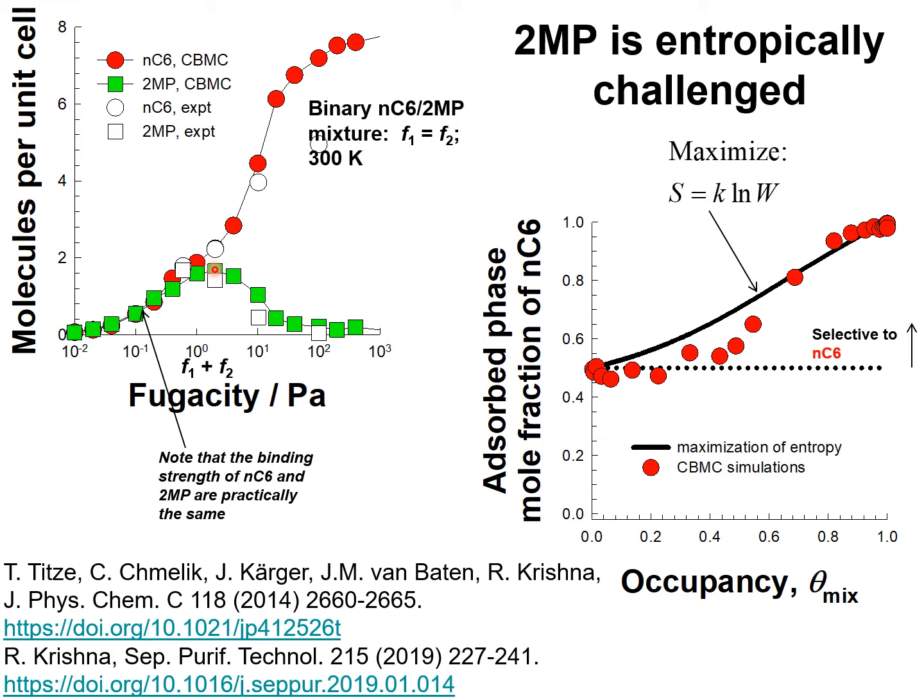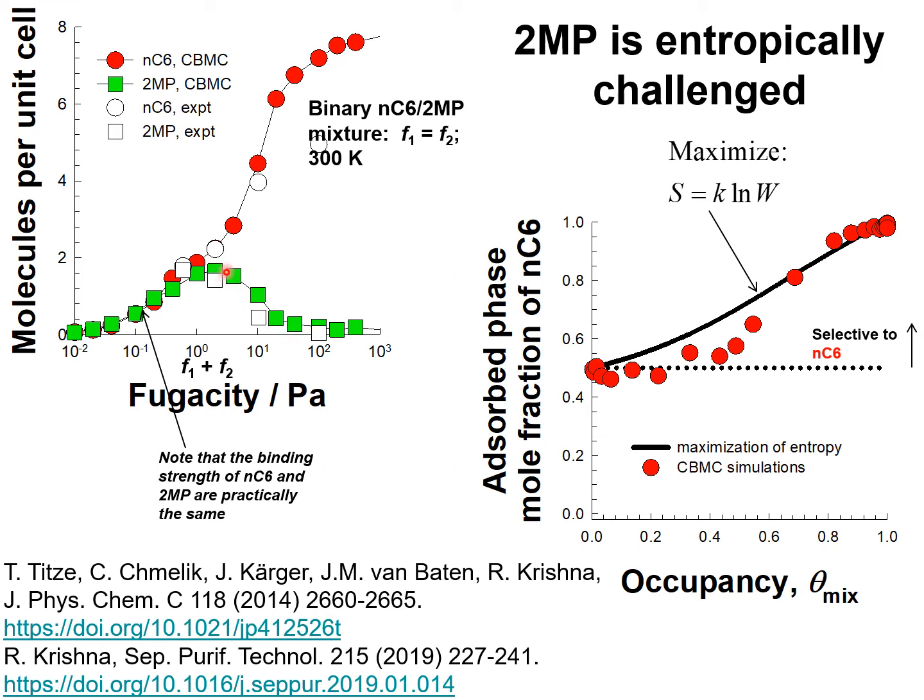The component loadings beyond a total mixture fugacity of, say, 5 pascals become increasingly in favor of the linear isomer that packs more efficiently within the channel structure of MFI zeolite.